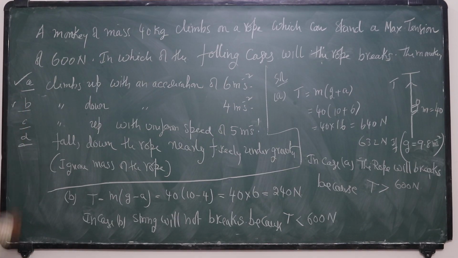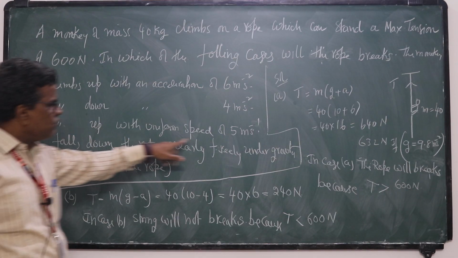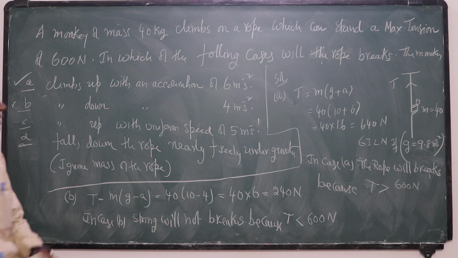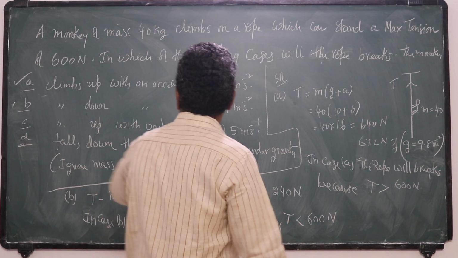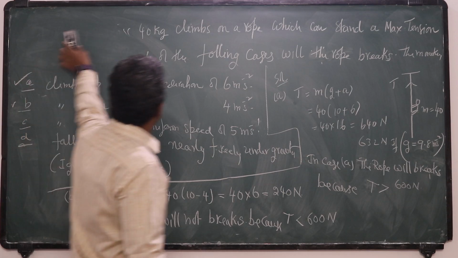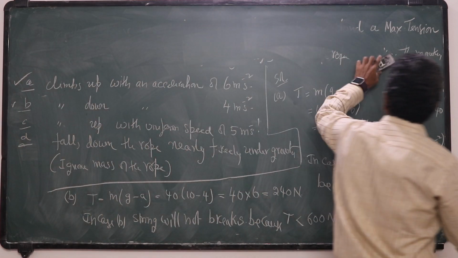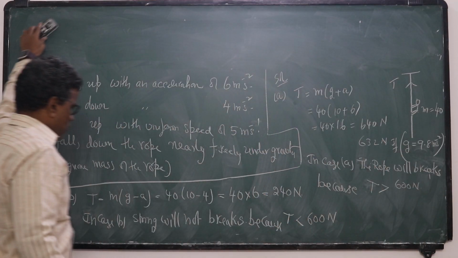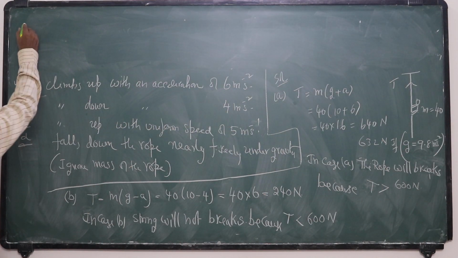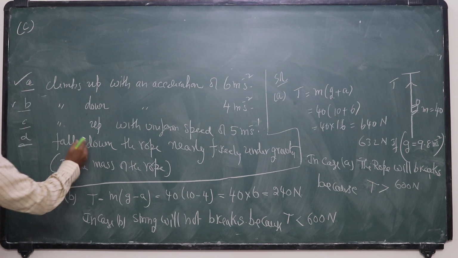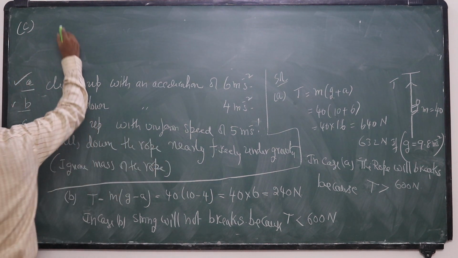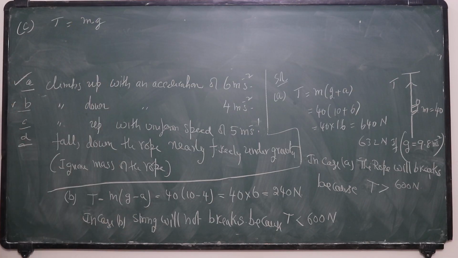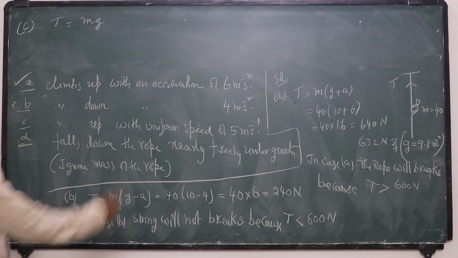Now C, it is climbing up with uniform speed. If it is climbing with uniform speed, what is the tension in the string? In case C, climbing with uniform speed, the tension in the string is mg only.